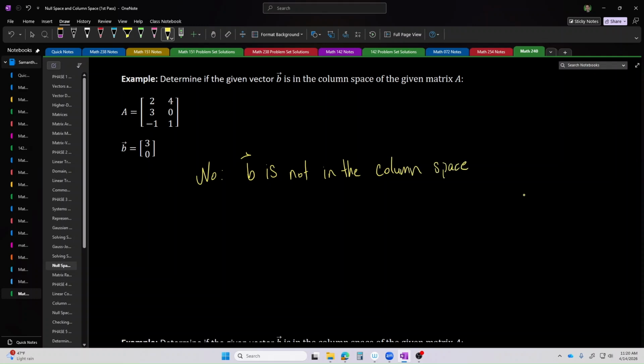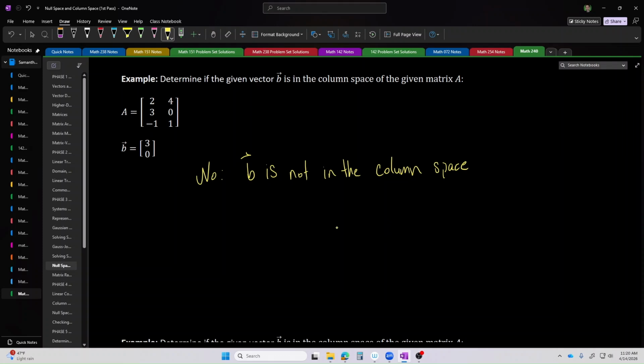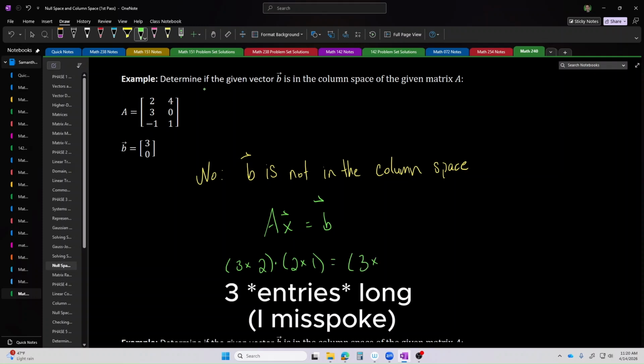The reason that I can immediately detect an issue with this vector B is that the vector B is not the right length to be in the column space of the matrix A. If I think about the equation A times X equals B, and I remember that this matrix A has 3 rows and 2 columns, in order for this product to be defined, the inputs, the vectors X, have to be 2 entries long. And then when this product is calculated, the result has to be 3 entries long.